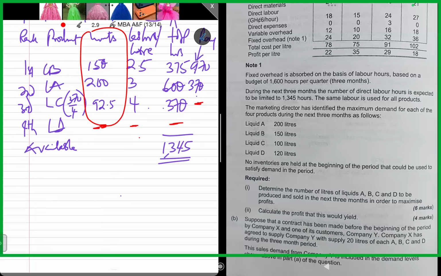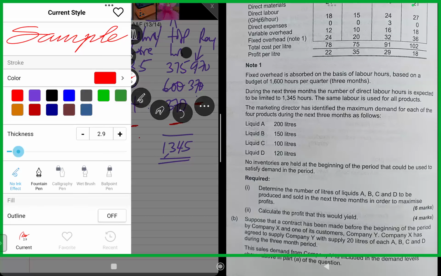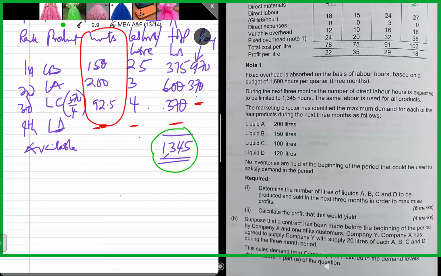Hold on, let me explain. Based on these labor hours, we've apportioned the hours to produce this number of production units. For liquid B, we will produce 150. Liquid A 200. Liquid C 92.5. That's the production units.